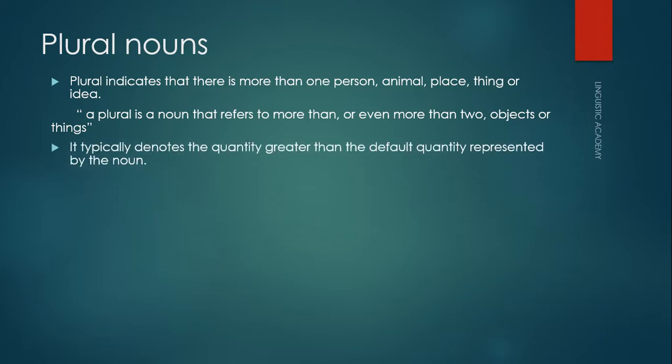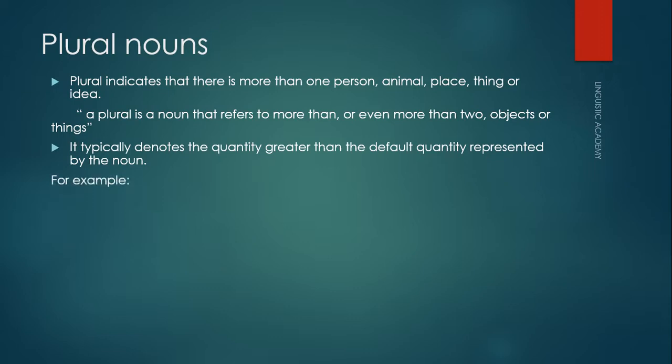We can also say that it typically denotes the quantity greater than the default quantity represented by the noun. Default quantity, as I have already mentioned, is the authentic, real, genuine or actual quantity, that is 1.